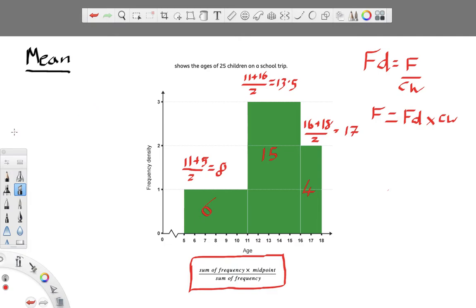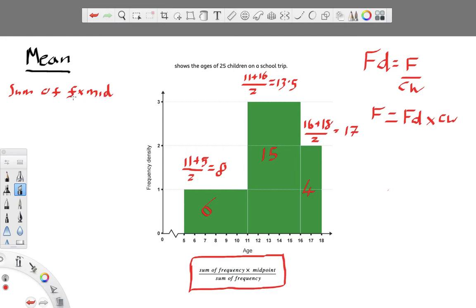So in fact, I'm just going to write this over here. So we've got the sum of the frequency times midpoint. I'm just going to abbreviate that to F and then mid.